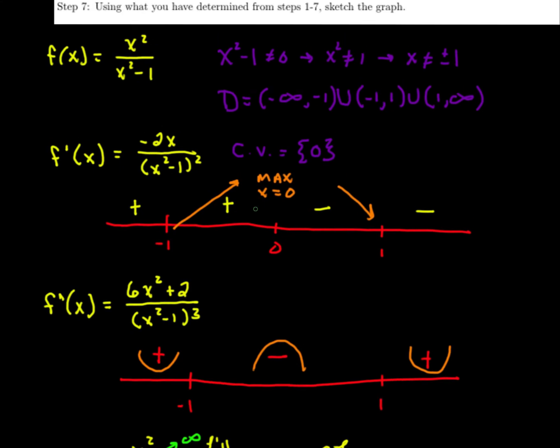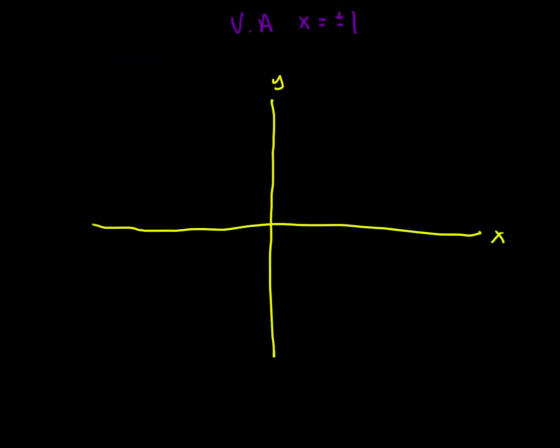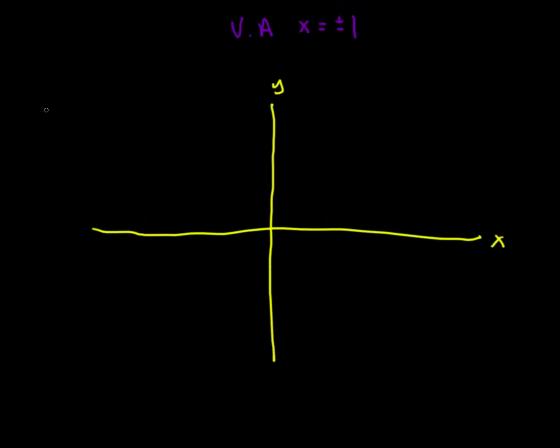And I should probably put that into my function. What is f of 0? Let's work that over here. Well, f of 0 is 0, because it's 0 over 1, which would be 0. So I know that the function will cross right here.